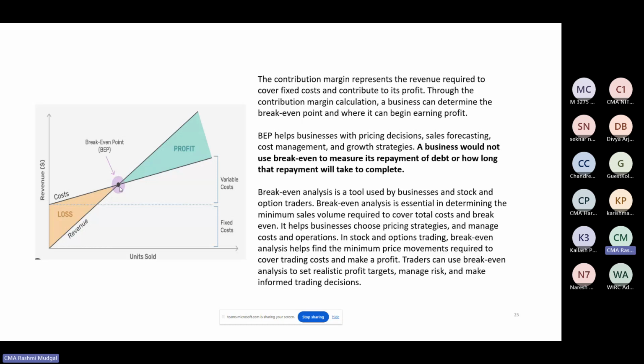Okay, the contribution margin represents the revenue required to cover fixed cost as well as contribute to profit. Profit comes after the break-even point. When I have achieved the break-even point, only then can I earn the contribution.